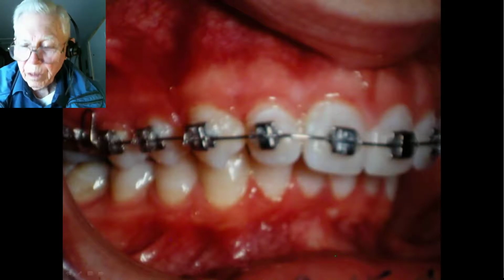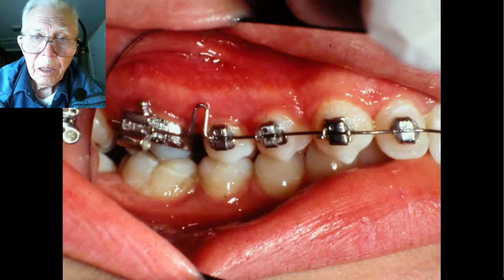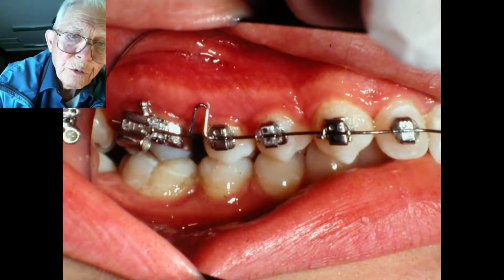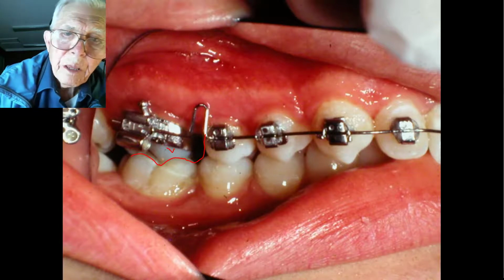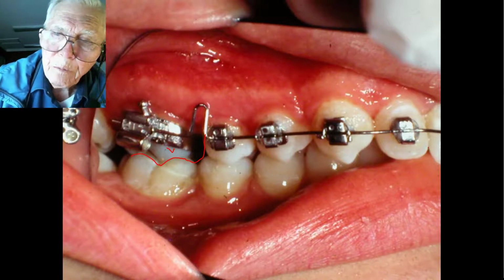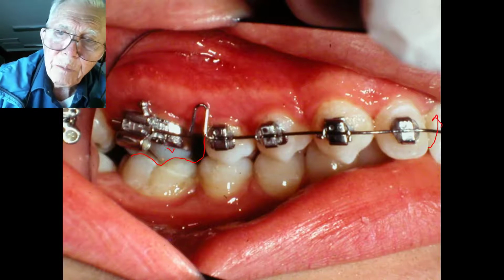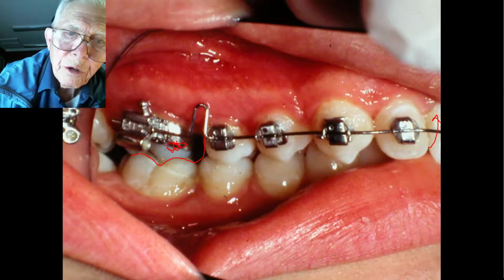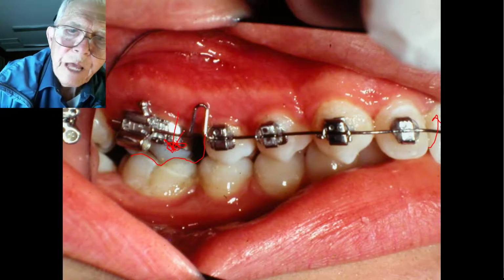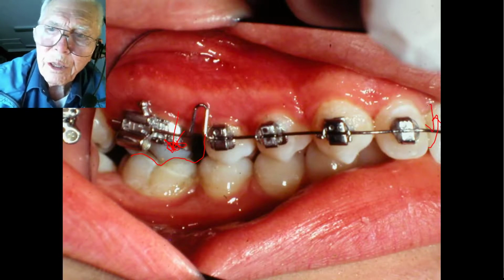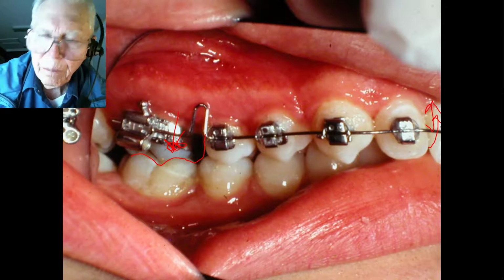Okay. Now, this tooth right here was up against this to start with. The force to bring these front teeth up came from this tooth here, and it has exactly the same force down as this area had going up.